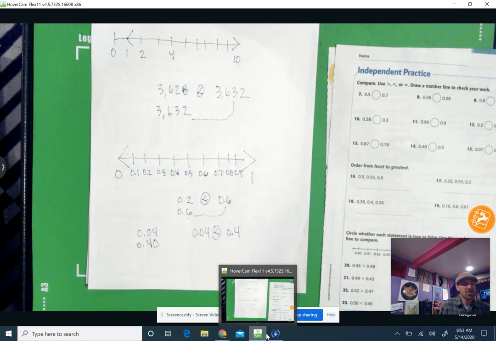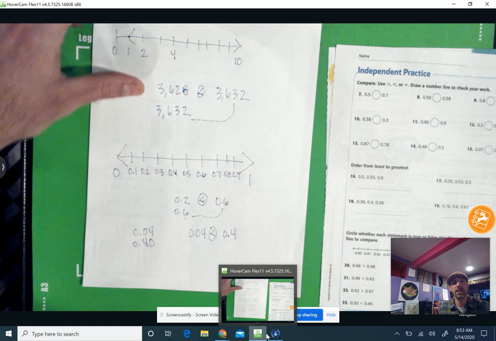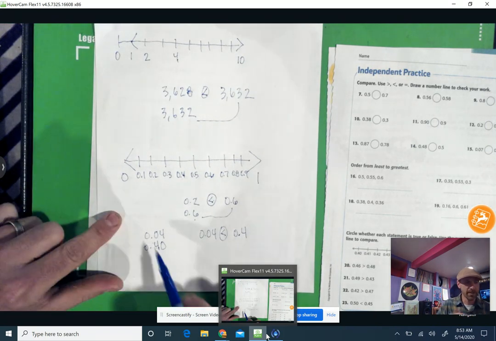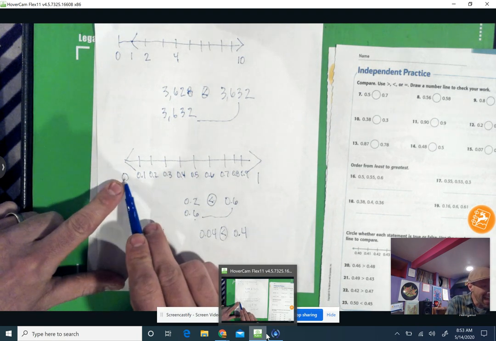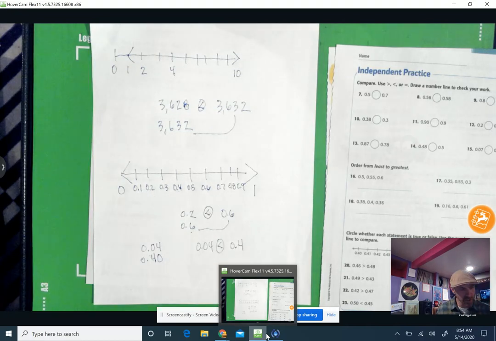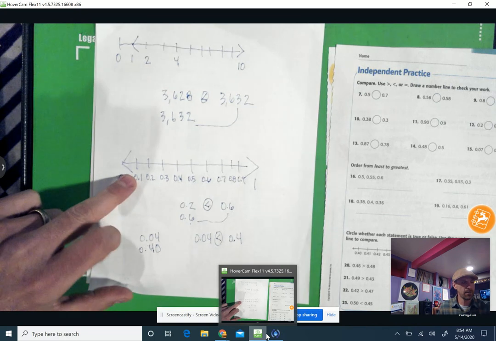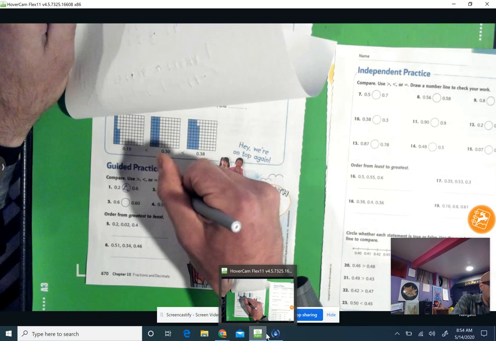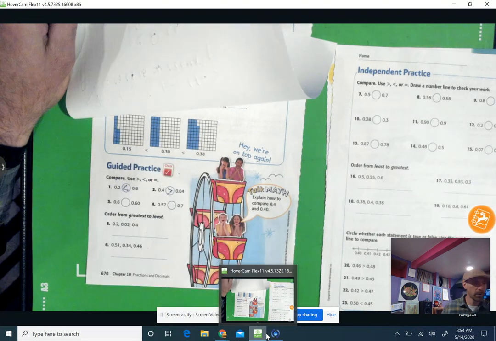Okay, so stacking these numbers on top of each other is going to be a huge help. But also understanding that when you have a 0 in the tenths place, that puts that number less than 1/10. Okay, so I just want you to be aware of that. Okay, let's look at the appropriate problem here. 4/10 is greater than 4/100.